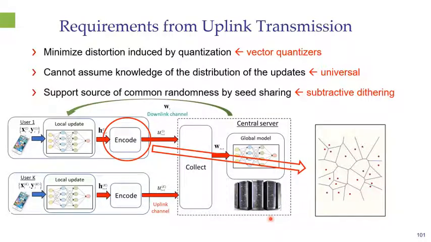Furthermore, there's another thing we can exploit here in the federated learning setup, and this is the fact that the server and the users repeatedly communicate with one another. Therefore, the server can share a seed with the users, allowing them to utilize a source of common randomness. This is actually what's exploited in schemes based on random sparsification. They are based on the fact that even though the sparsification is random, the server knows which indexes were selected.